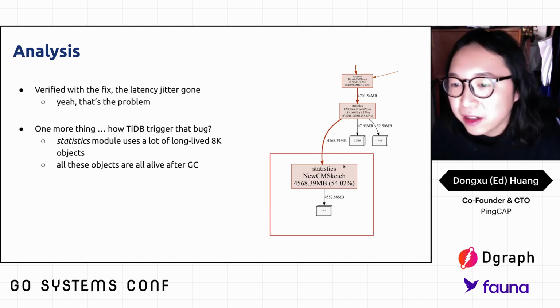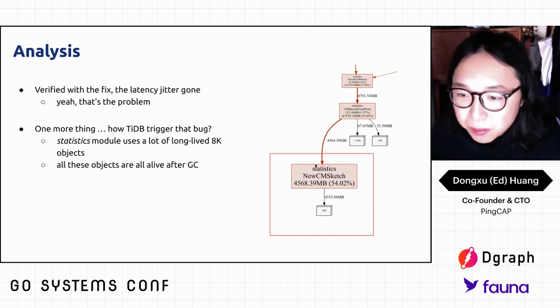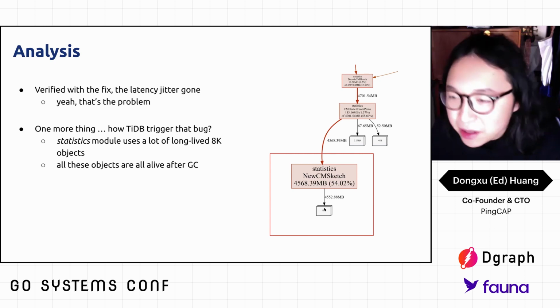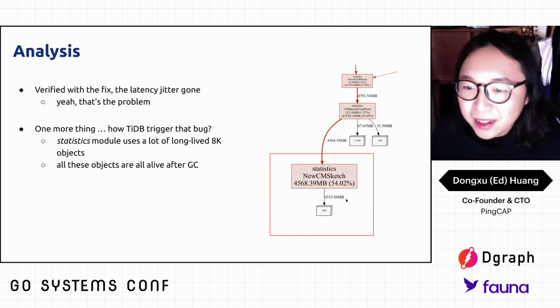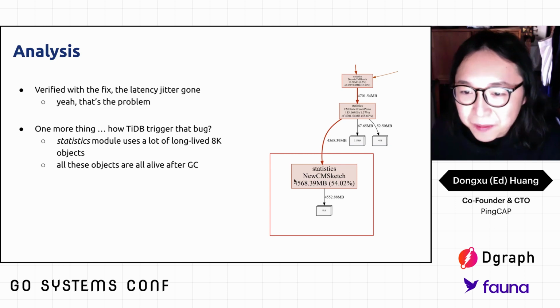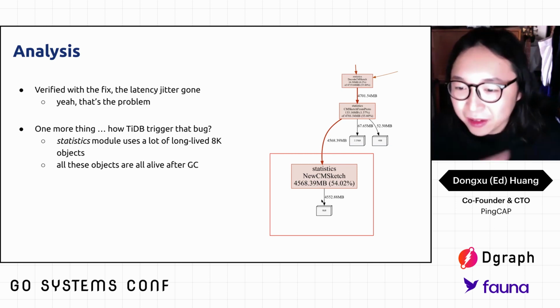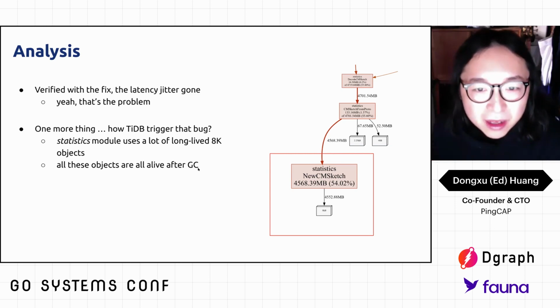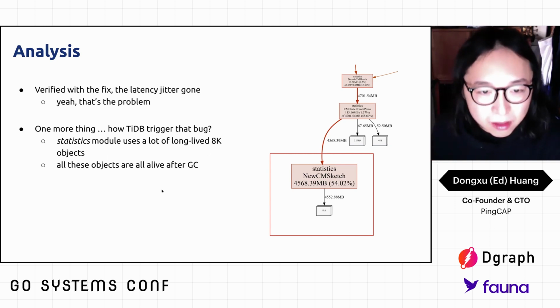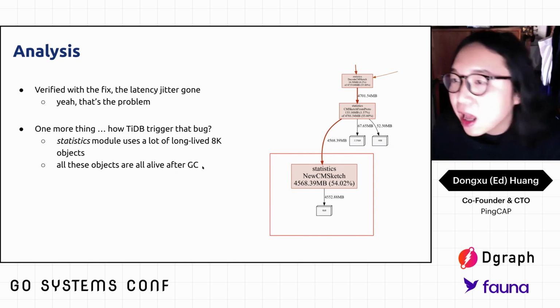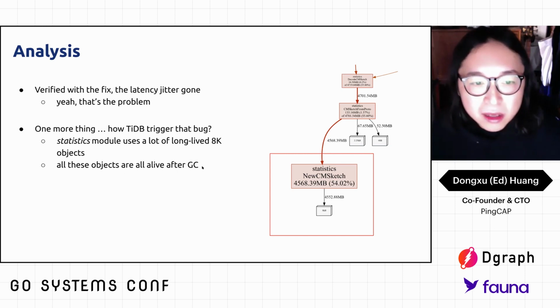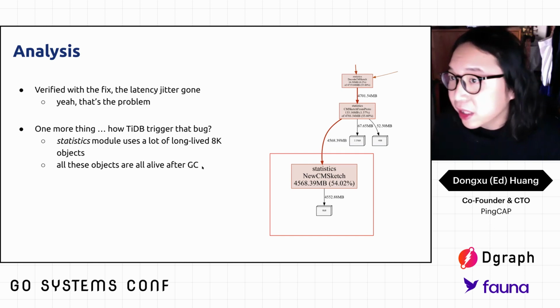We found that there is a module called statistic. This module uses a lot of small objects. As you can see, it uses about 4 gigabytes of memory, and all of these are long-lived objects. They are all alive after GC.